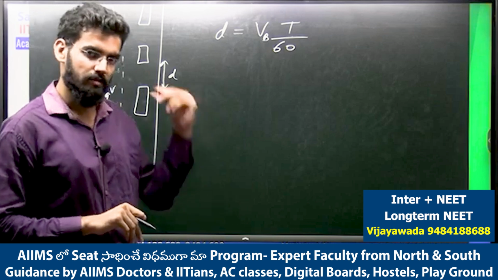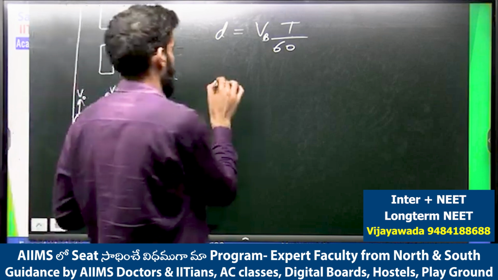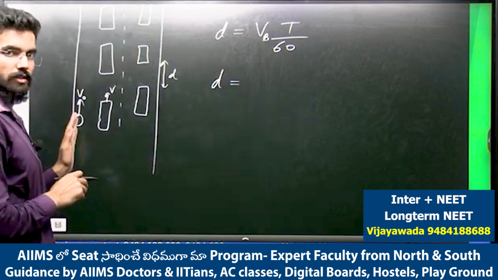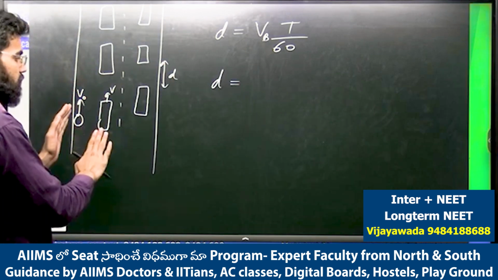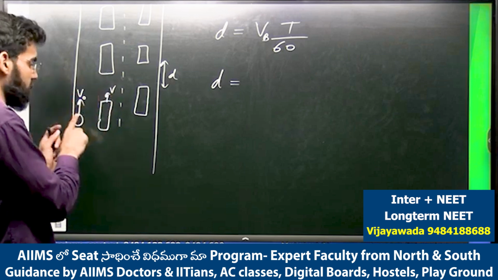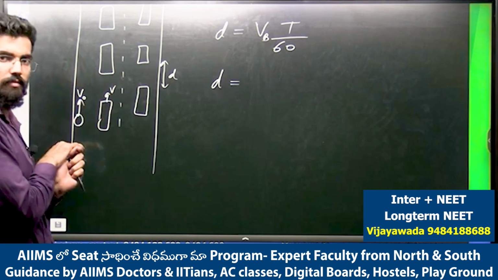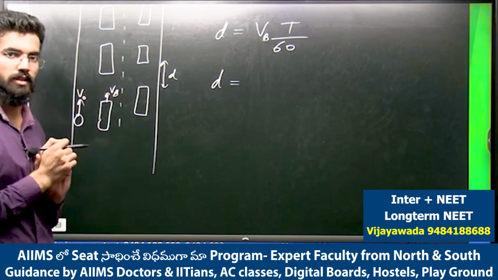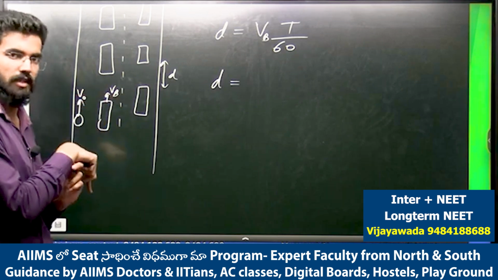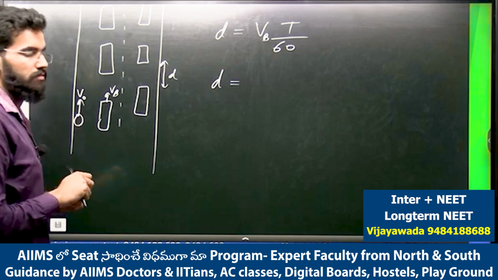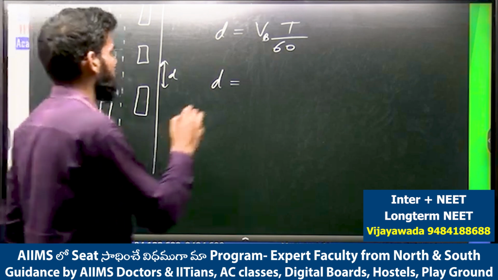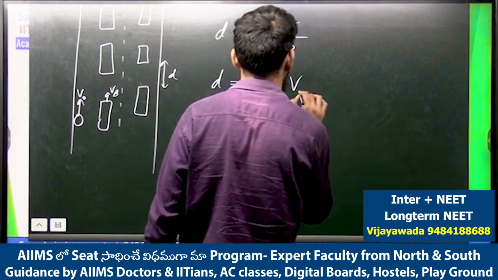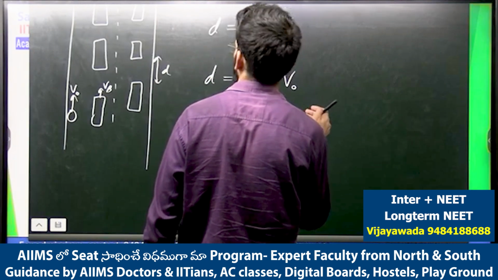Now you will write this distance d in another way. When the girl is going this side with the scooty, the bus is also going this side. So with respect to the girl, the speed of the bus is VB minus VG, that is VB minus 60.